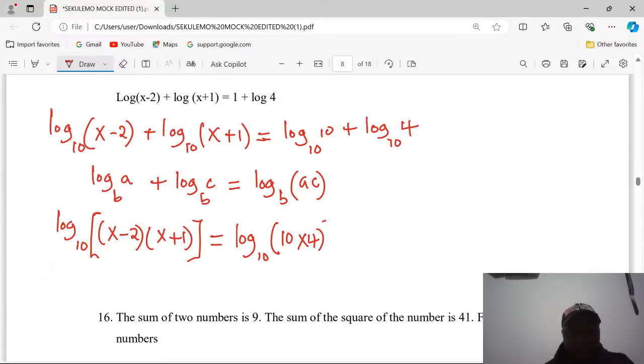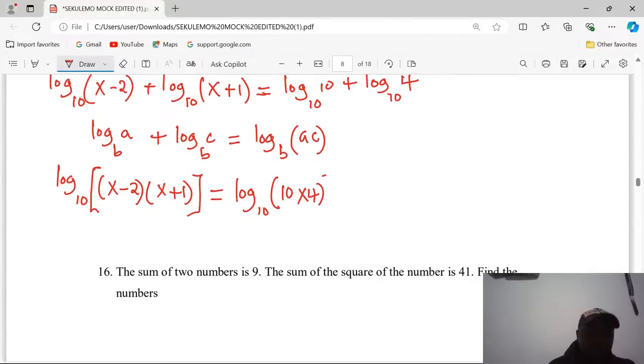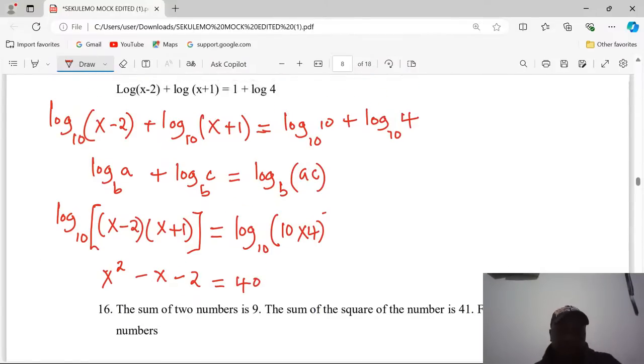So now we can drop logarithms and we equate these sides. When you expand the left hand side, we shall have x squared, then plus x minus 2x, so negative x minus 2 equals to 40.